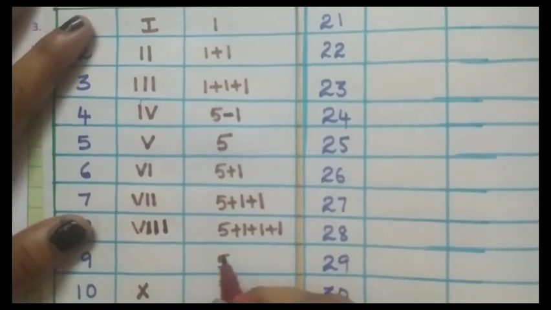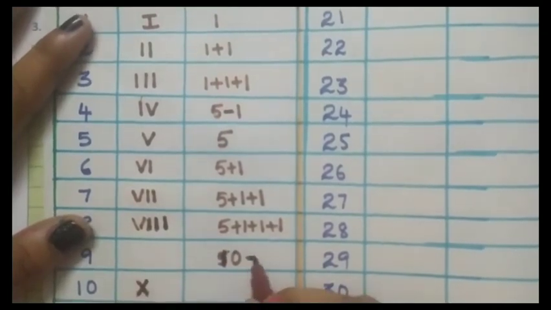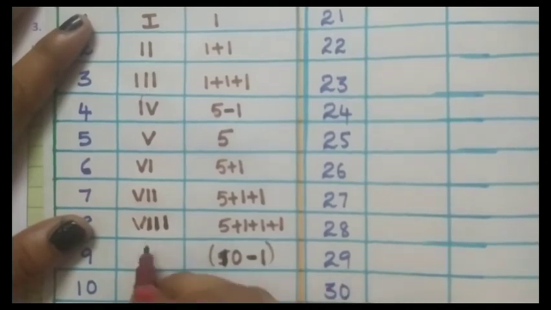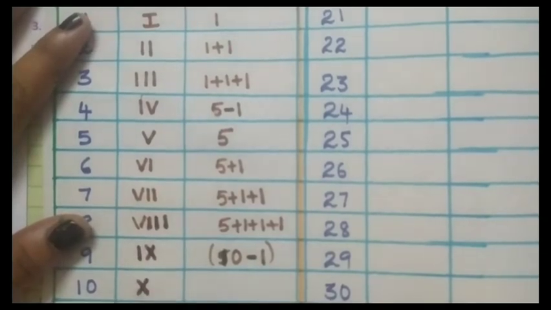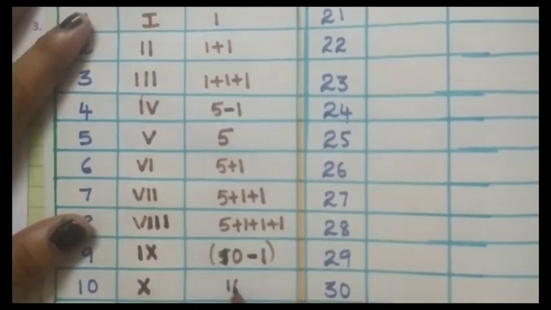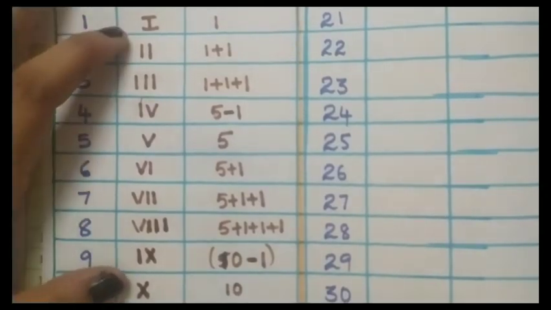So we write 10 minus 1. Subtracting means we write I before X: IX. X value is 10. This is 1 to 10 in Roman numerals.